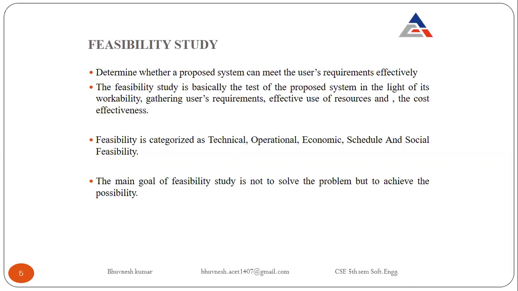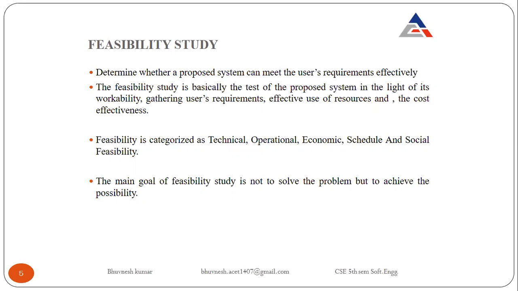If we are using maximum resources, the budget will go out of limit. If we are making a product and the budget is going out of limit, it means we are in crisis. As team developers, we have to pay the extra cost, but the customer will not pay that. So the last point is cost effectiveness.